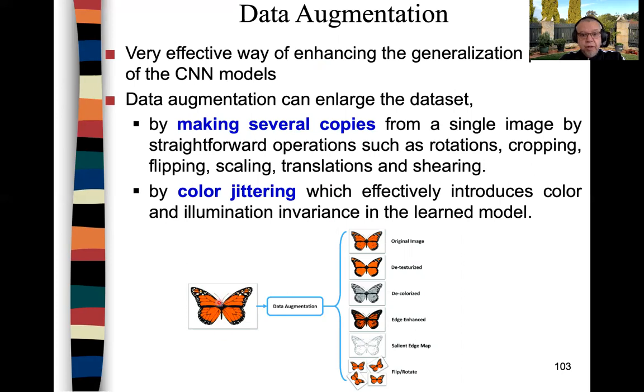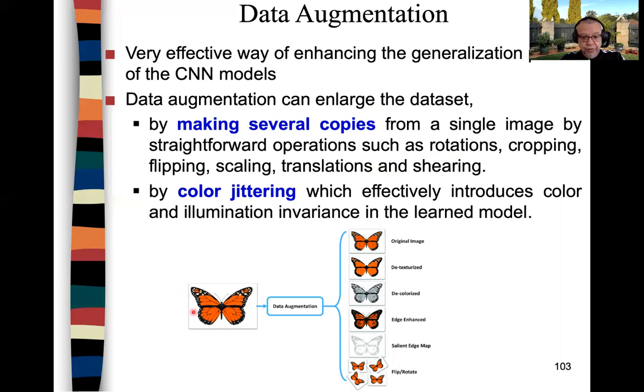Data augmentation is a very effective way of enhancing the generalization power of the CNN model, avoiding overfitting. Data augmentation can enlarge the data set by making several copies from a single image using certain operations like rotation, cropping, flipping, scaling, and so on.